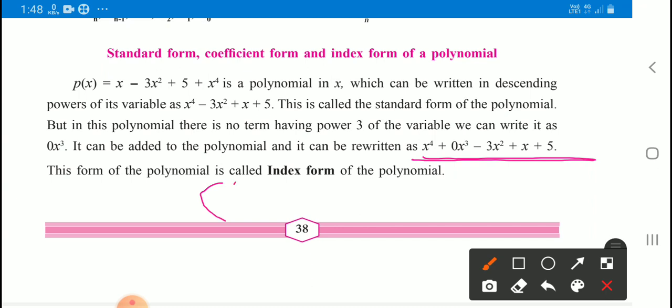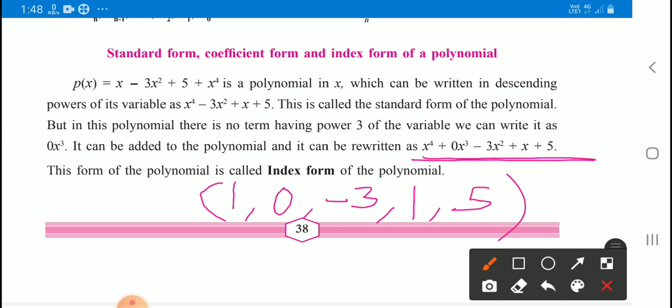Now look, x raised to 4, that is 1, then x cube's term is not there, that we have to write as 0, then negative 3, then 1 and 5. This is the coefficient form.